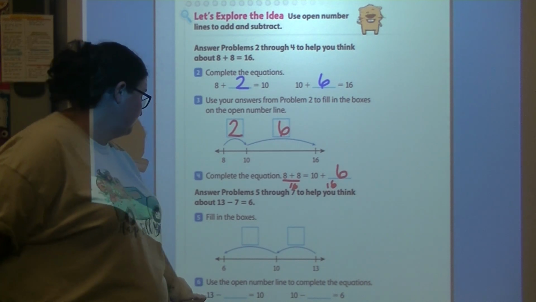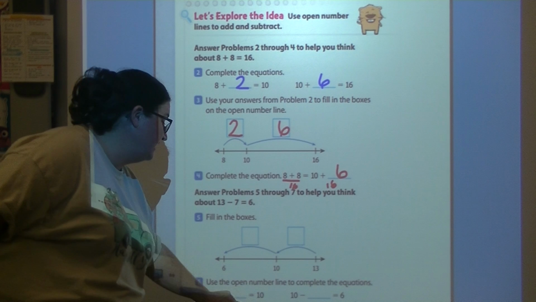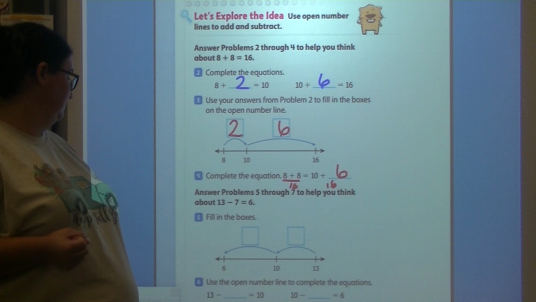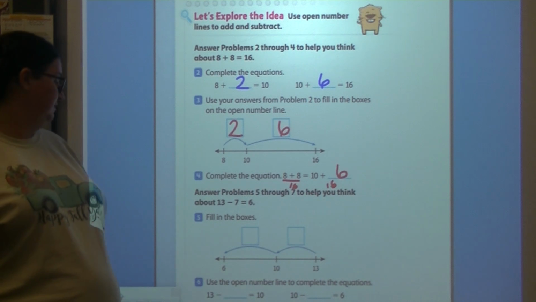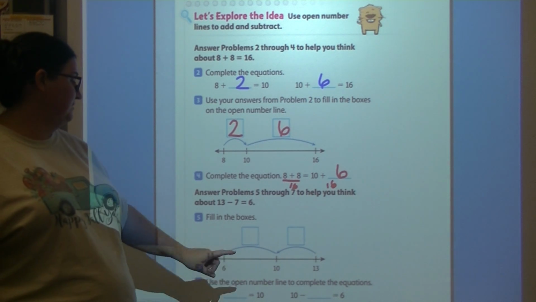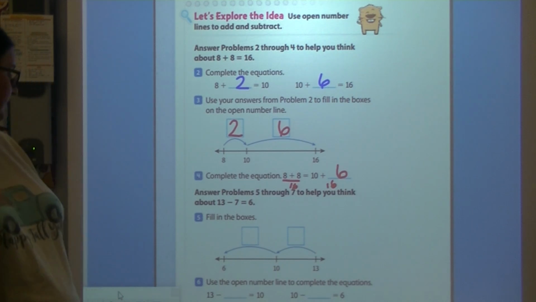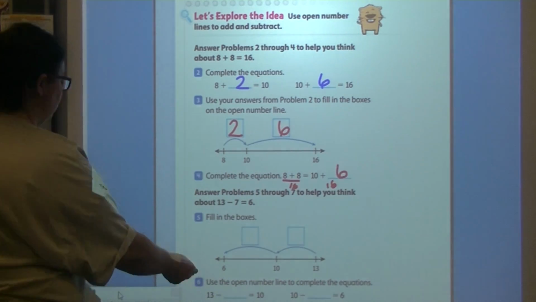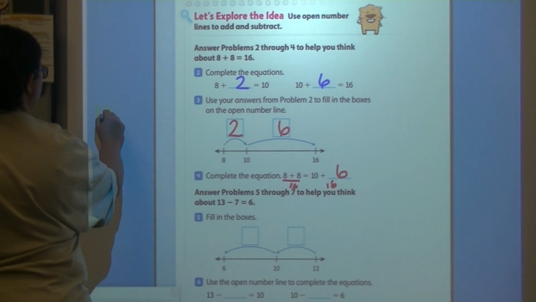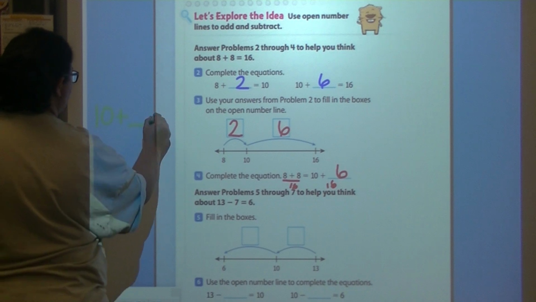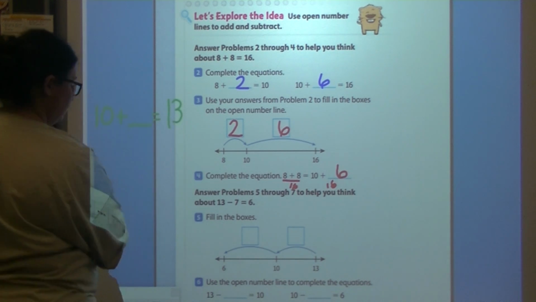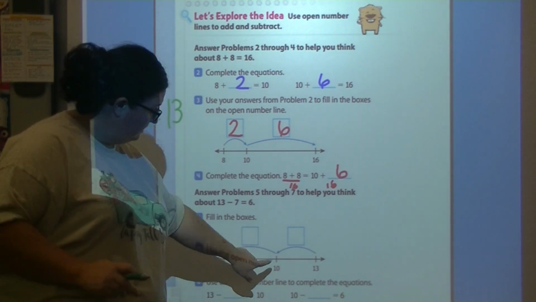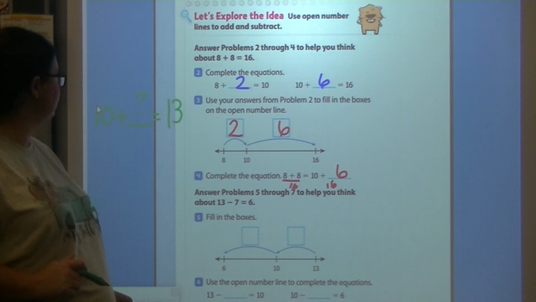All right, so look at the first one. What's 13 minus what equals 10? All right, let's turn that around and count on. So we could say 10 plus what number equals 13?